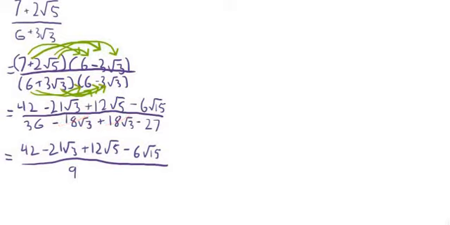We can simplify that a bit more, just move it up here. So we can divide the whole fraction by 3. So 42 divided by 3 is 14. And then 21 divided by 3 is 7, so it's minus 7 root 3. 12 divided by 3 is 4, so plus 4 root 5.